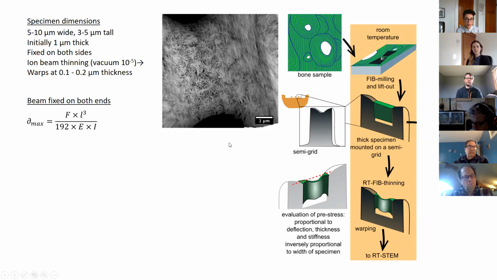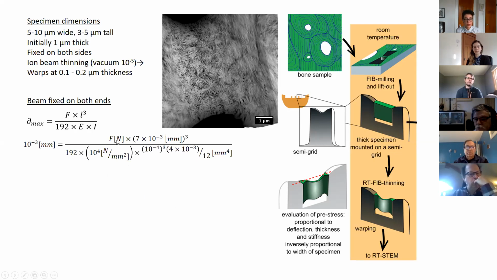For a beam fixed on both ends, which is the case of this electron microscope specimen, we have a formula that allows us to compute the force acting on the object.